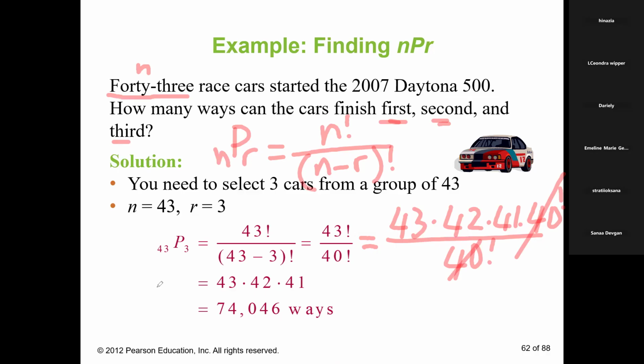When you multiply these 3 numbers, you get 74,046 ways. Got it? Good.